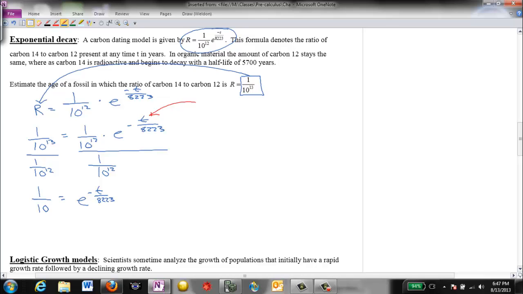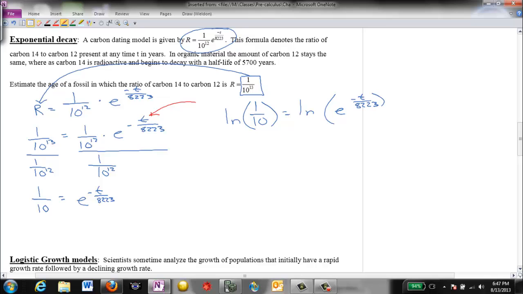Okay, so again, we can use one of those strategies that we talked about in section 3.4. We can take the natural log of both sides of this equation and then use the power property to pull that exponent down. Okay, so we have the natural log of 1 over 10 equals the natural log of e raised to the negative t over 8223.